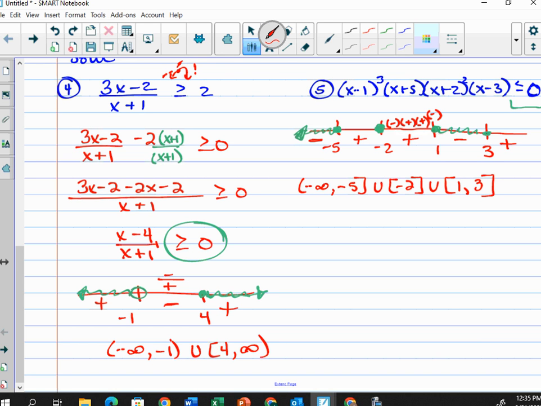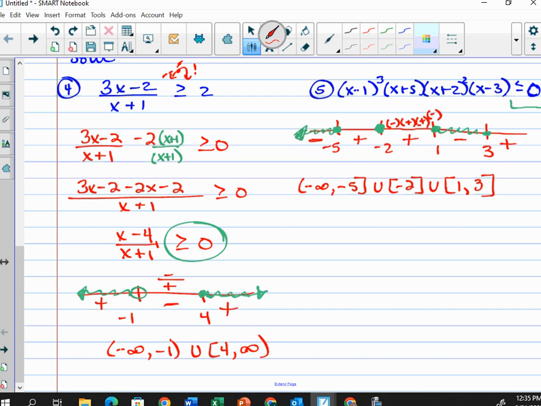What? So it says less than or equal to 0. What happens at negative 2? It's equal to 0, so you got to include it. Okay. Tricky, right? Those points, negative 5, negative 2, 1, and 3, that is where this polynomial equals 0.